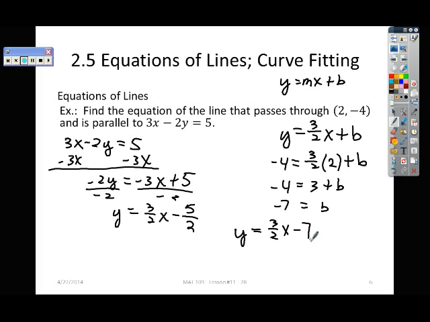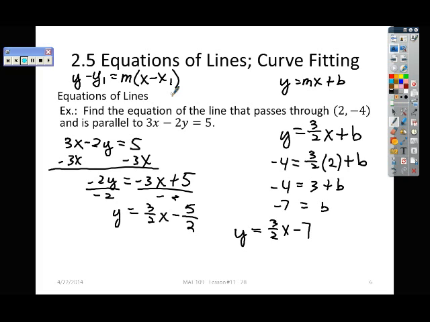You need to be able to do this sort of calculation. You can use either this form of the equation, or you could use this form. In both cases, you have to calculate m, or you have to find out what m is.